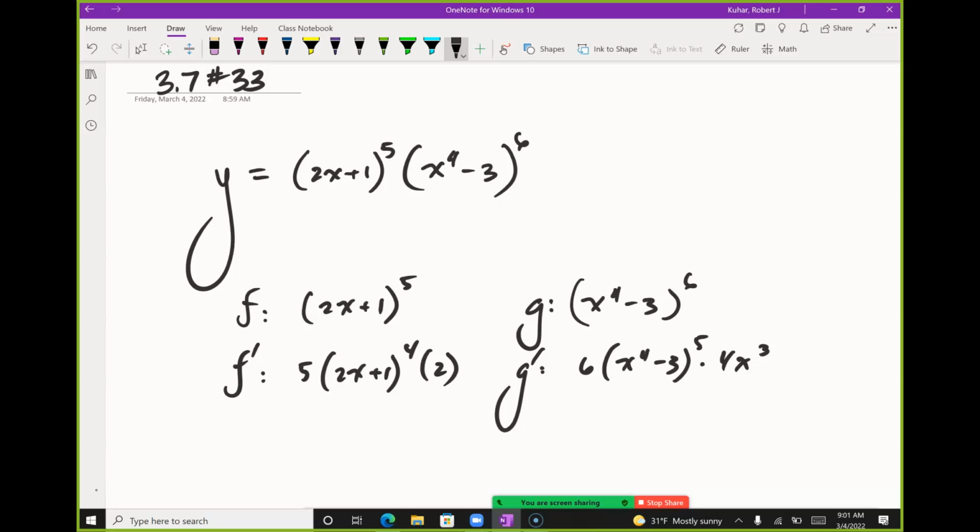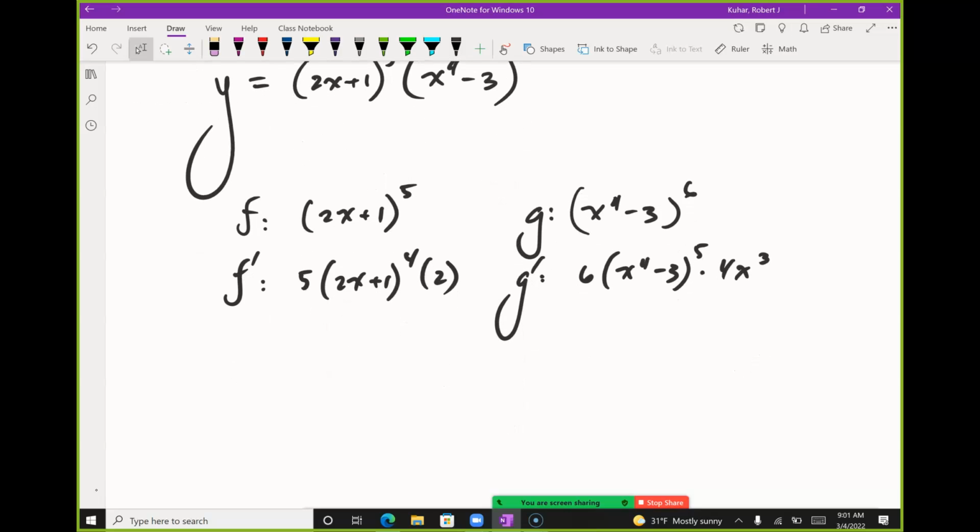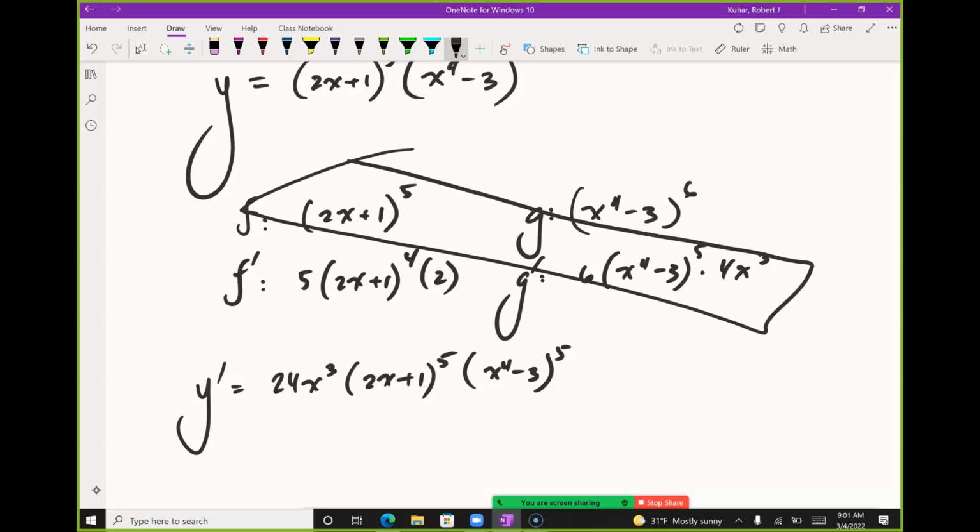It's okay. Yes, you with me? Yep. So far, so good. And then I put everything together and start factoring, right? We did one of these before, right? So now I know y prime is 24x cubed times 2x plus 1 to the 5th times x to the 4th minus 3 quantity to the 5th. That's this diagonal, right?